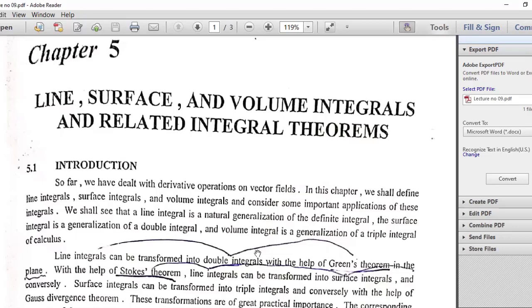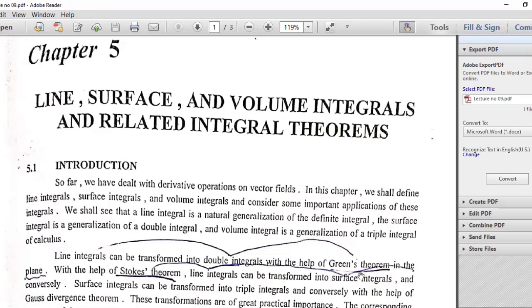This plays a very important role in your application problems. Now, a line integral can be transformed into a double integral with the help of Green's theorem in the plane. Students, in the plane, a line integral can be transformed into a double integral with the help of Green's theorem.